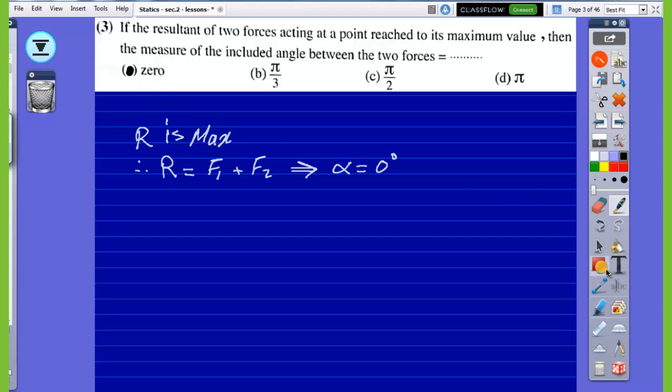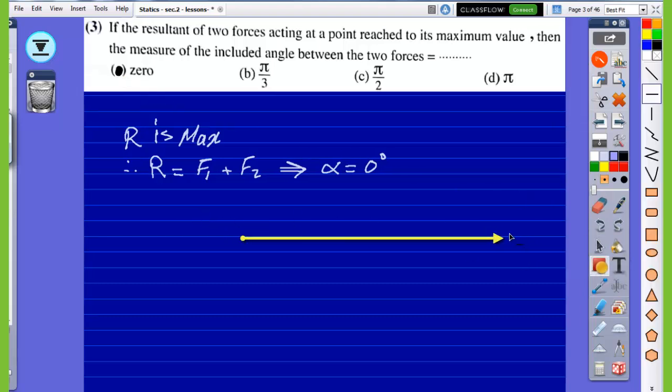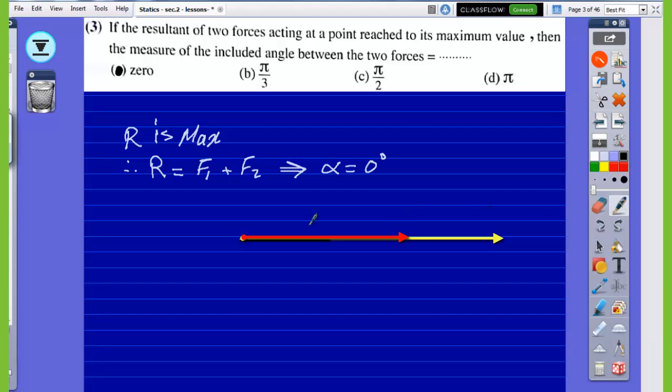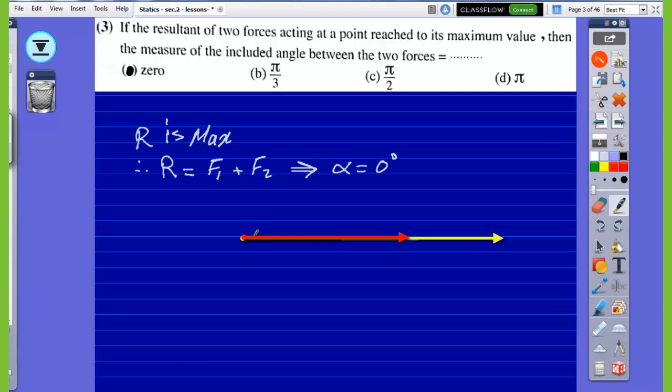If you wanted to draw it, here we have the first force and the other in the same direction, starting from the same point here, and the angle between them, alpha, equals 0 degrees. Next question.